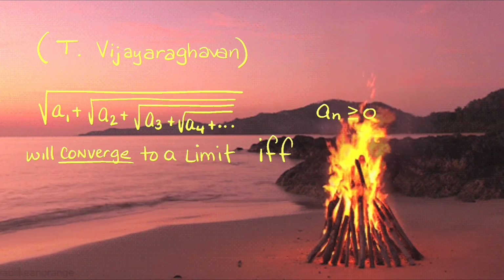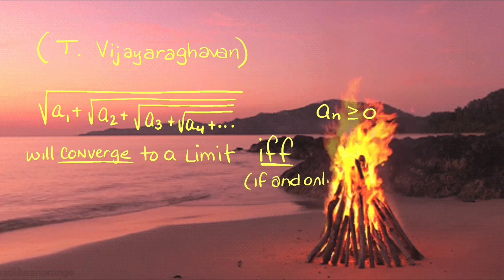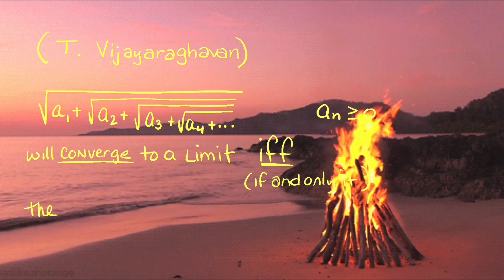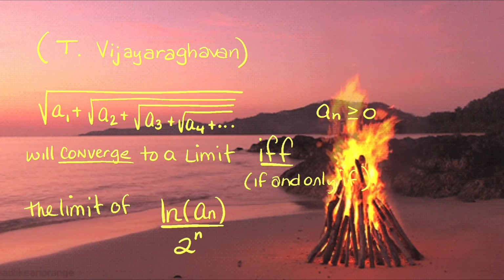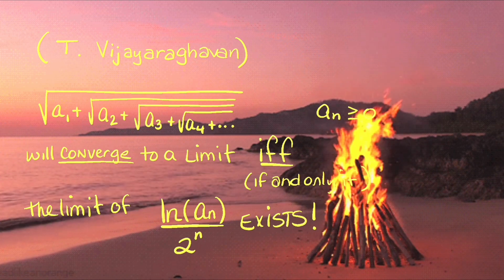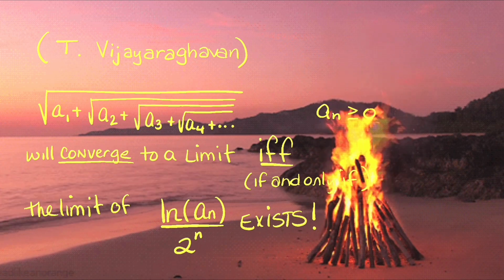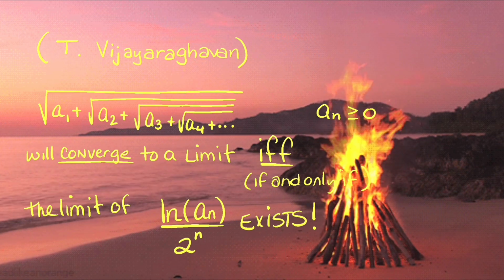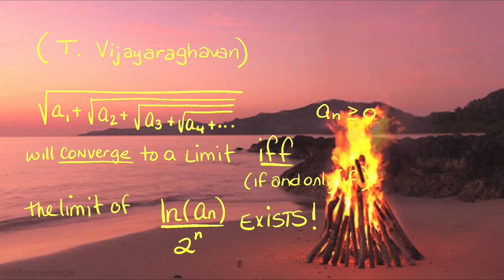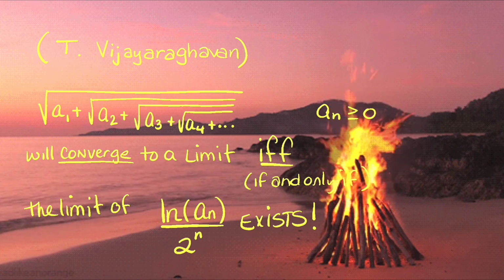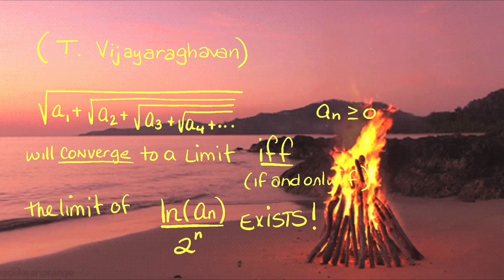This will converge to a limit if and only if the limit of the natural log of the sequence divided by 2 to the nth power exists. So this gives us a way of testing for convergence.